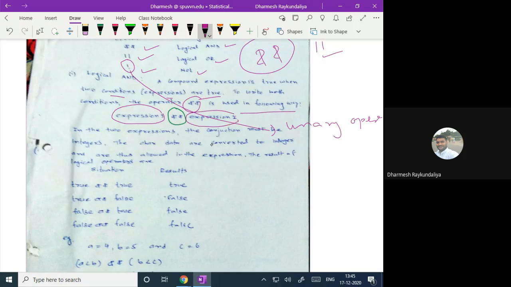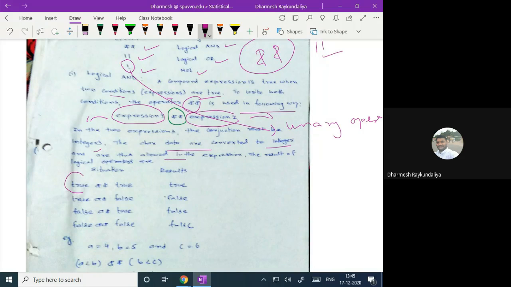In the two expressions, the operands must be integer. That means expression 1 and expression 2 must be integer. Floating point numbers are not allowed. Character data are converted into integers and are then allowed in the expressions. If your data is a character, it may be converted into an integer, and then you can use the logical AND. So the following situations are given.